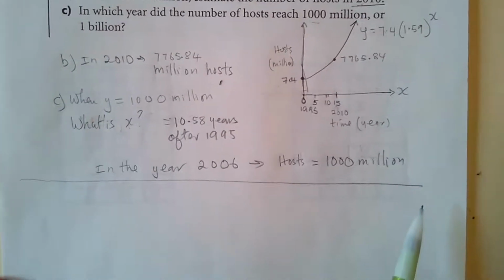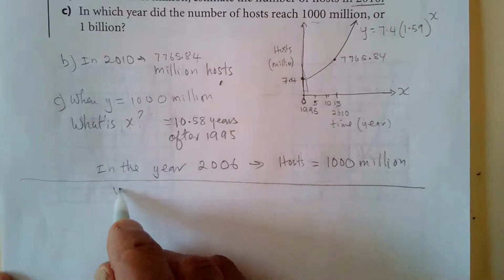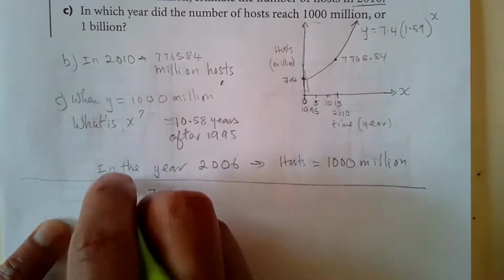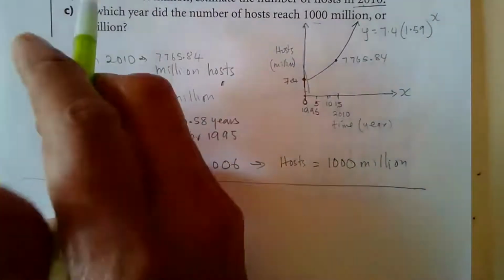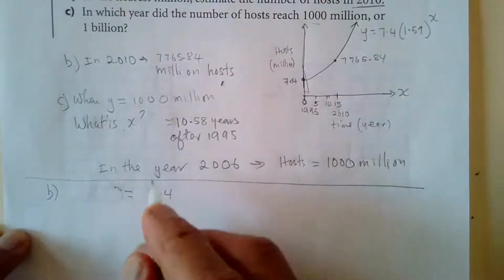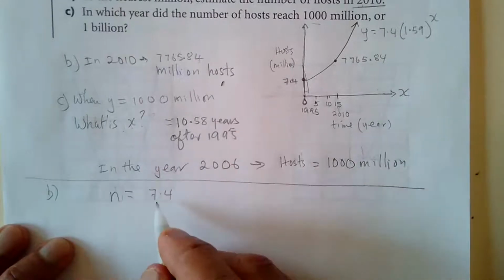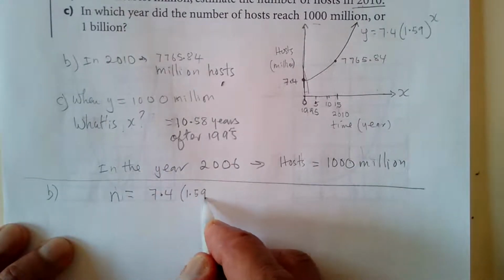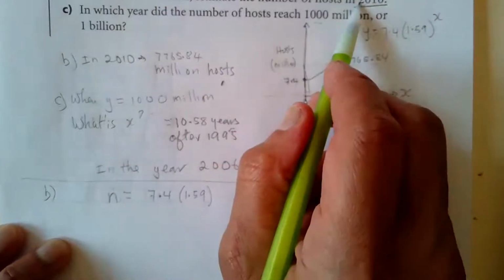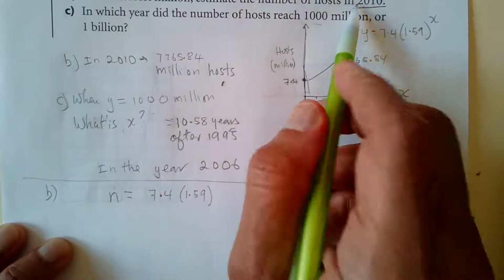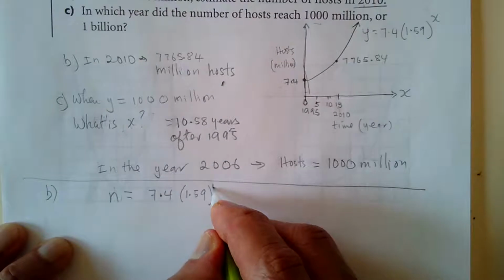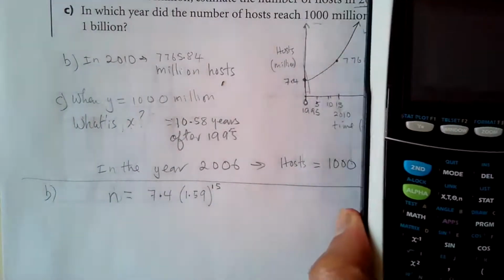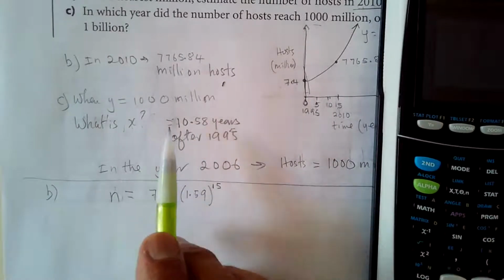So using the algebraic way, y is equal to 7.4, or say n. We're looking at it in millions. So n equals 7.4 times 1.59 to the power of x, and it asks us in 2010, which is 15 years. So the year would be 15. And remember, this is going to be the number of millions.